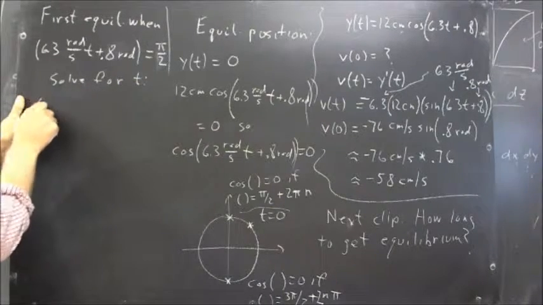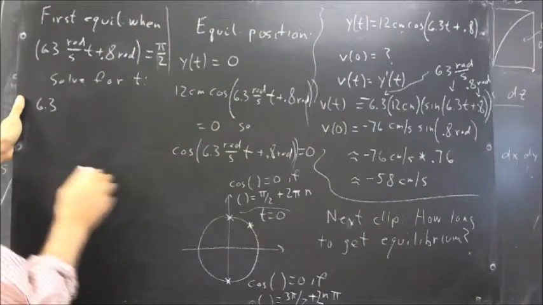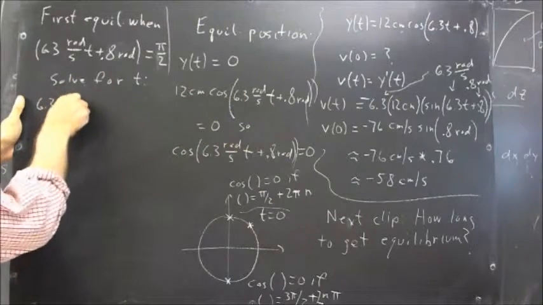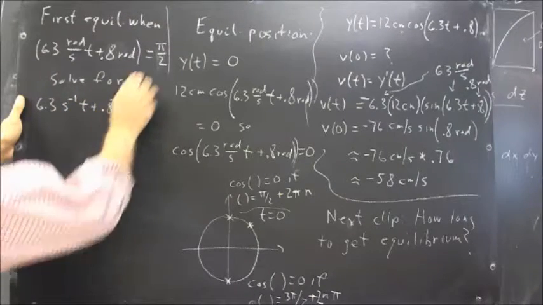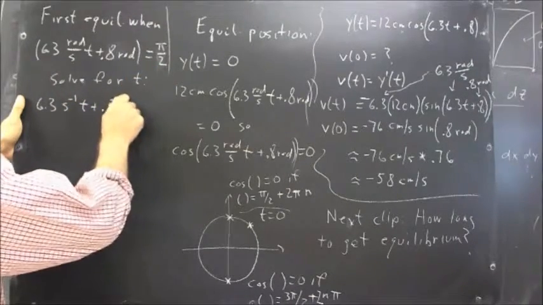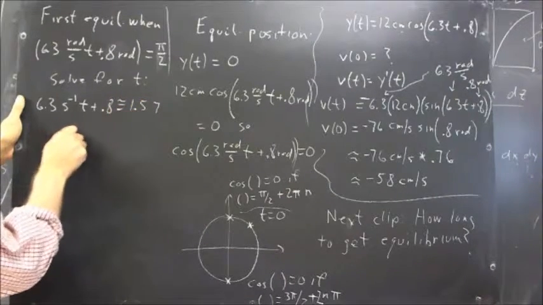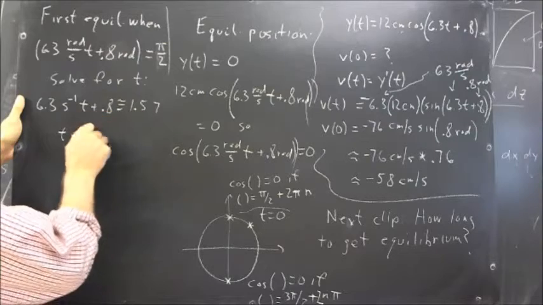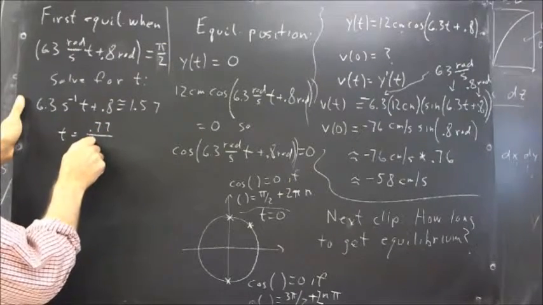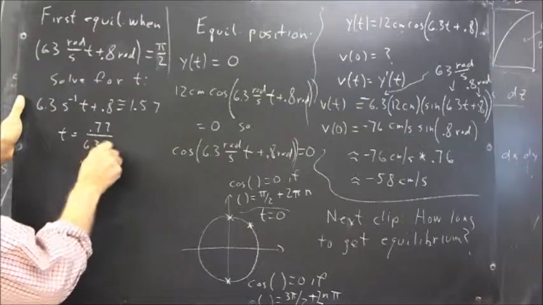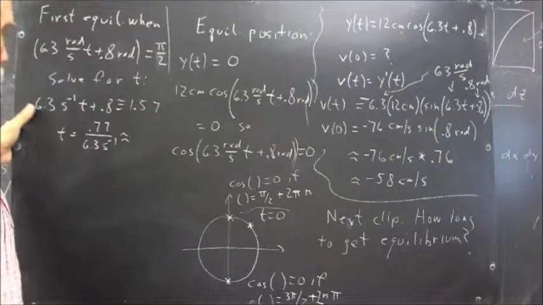And we get 6.3. Now I'm going to divide out the radians, but we still have the inverse seconds times t plus 0.8 equals pi over 2, and that's approximately 1.57. We get t equals then 1.57 minus 0.8 is 0.77 over 6.3 inverse seconds, and that's going to equal what?